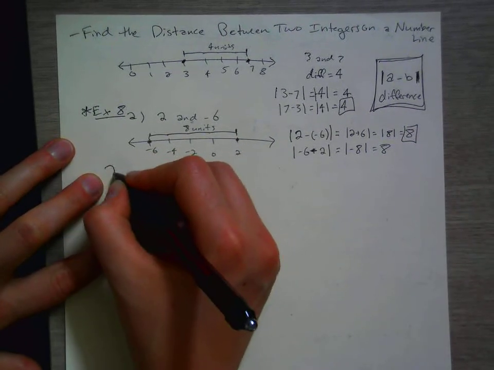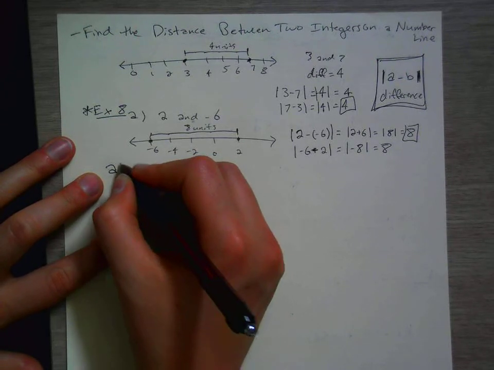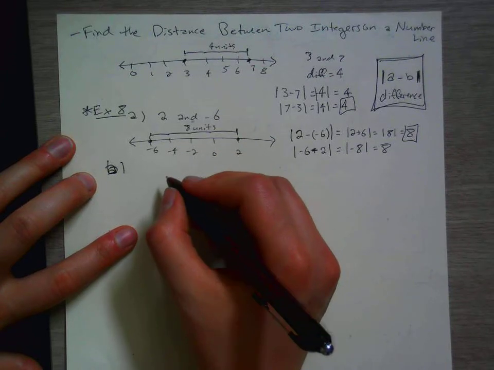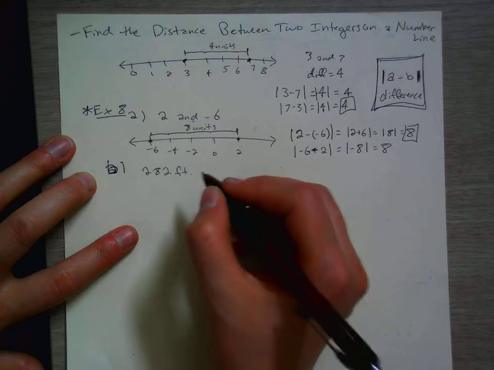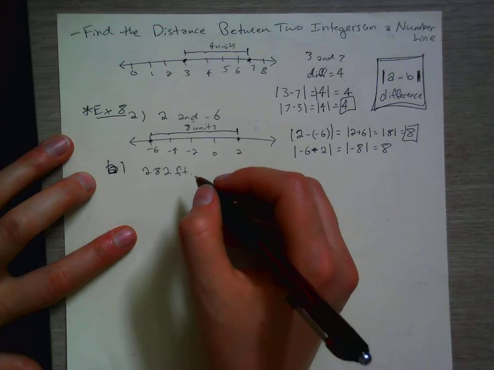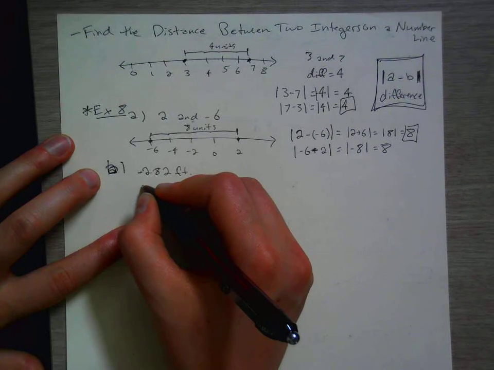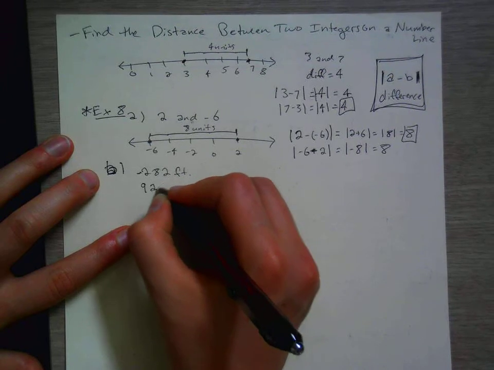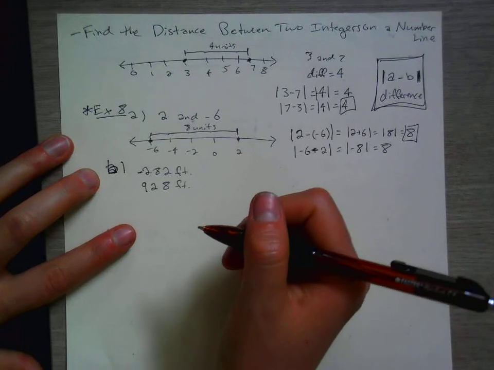B. Determine the difference in elevation between Death Valley, California, 282 feet below sea level, and the summit of California, Mount Davidson, 928 feet above sea level. So this one is positive. Now let's find the difference in the two elevations.